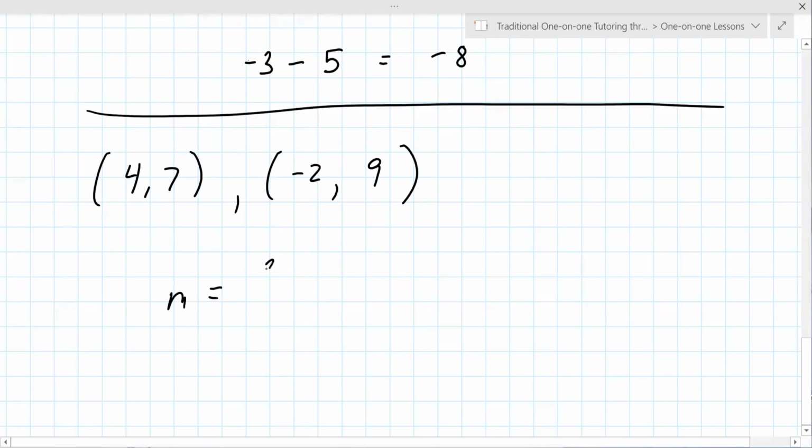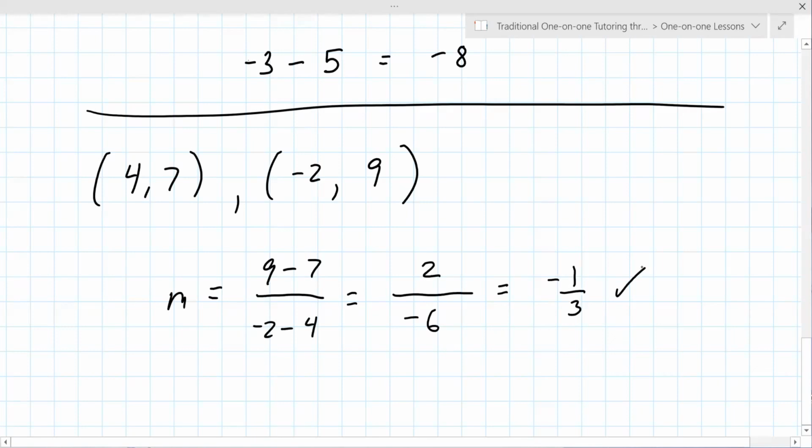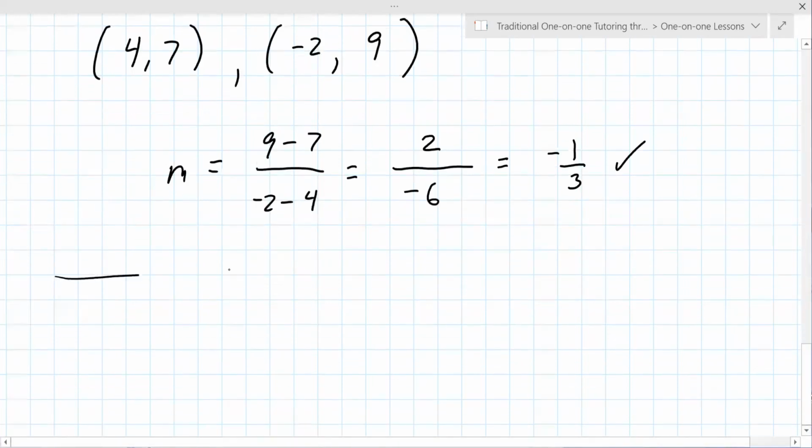It's 9 minus 7 over -2 minus 4. What is 9 minus 7? 2. You're really close here. What is -2 minus 4? -6. Good, so it's negative 1/3. Good.